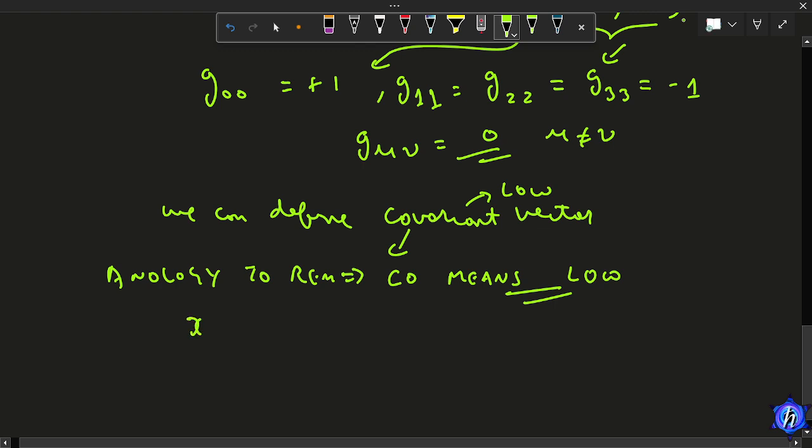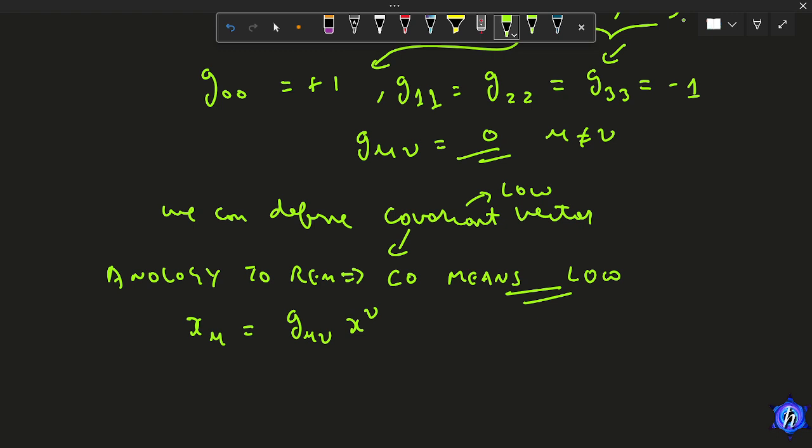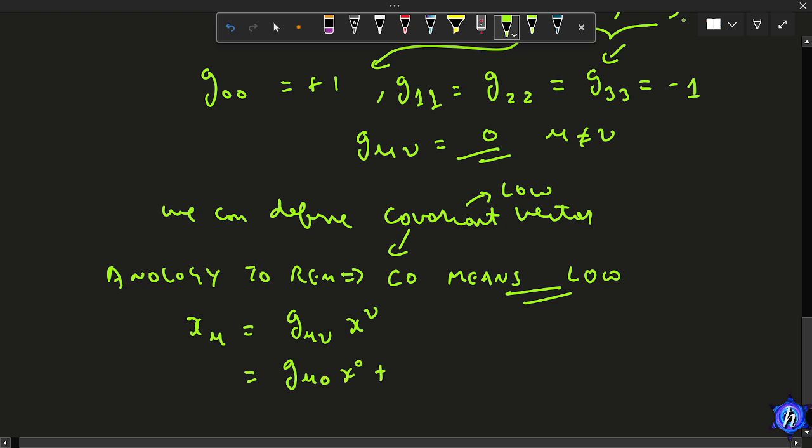So we can define the covariant vector by using the metric g mu nu x nu. This is summed over, so we don't need to include the summation sign explicitly. What we can now do is write this down explicitly as g mu 0 x0 plus g mu 1 x1 plus g mu 2 x2 plus g mu 3 x3.